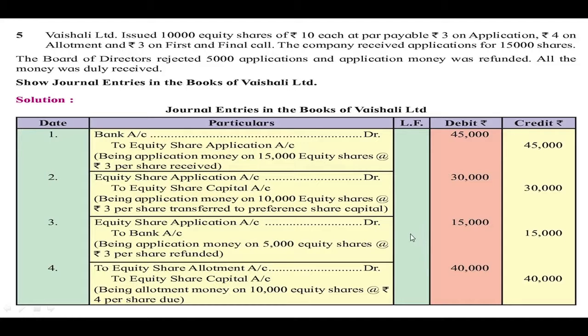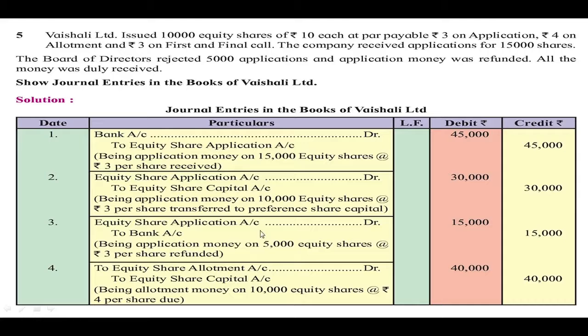While for the 10,000 shares, the application money will be transferred to the equity share capital account because that is the actual issue of shares. The actual number of shares issued is 10,000. So 10,000 into 3, that is rupees 30,000, will be transferred to the equity share capital account.